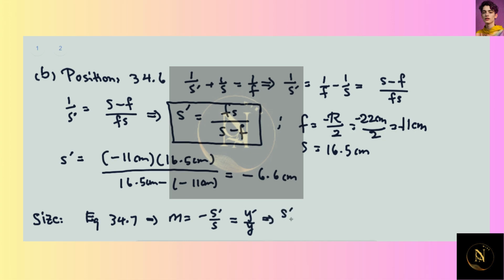So we have that minus s prime over s is equal to y prime over y, and we want to know the size of the image. So we were already given y. We just found s prime and we know s. So we can isolate y prime. So we have y prime is equal to minus s prime over s times y. And this will give us the size of the image.